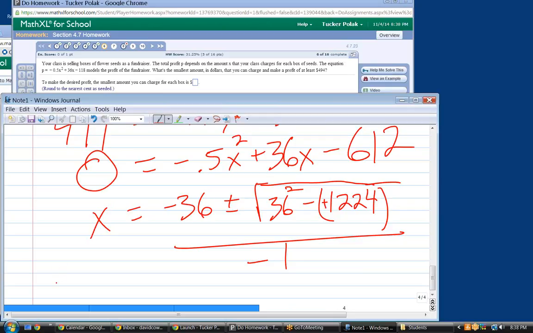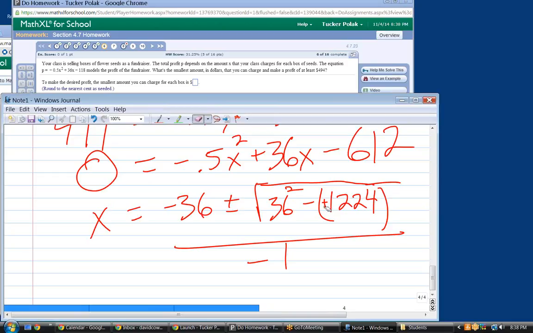You have a calculator? What's 36 squared? That's 1296. So 1296 minus 1224 equals 72.